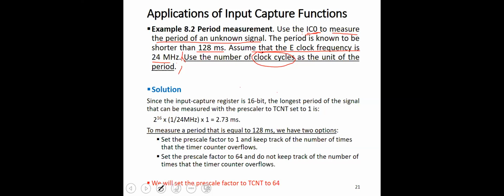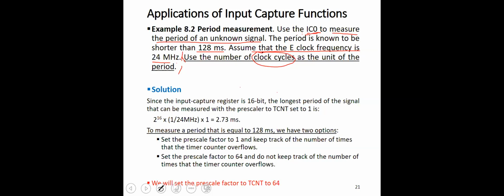We record the time of the first edge and the time of the second edge, and the time that is captured is basically the number that is available in the counter register. This number has to be multiplied by the E period in order to get the time in seconds.